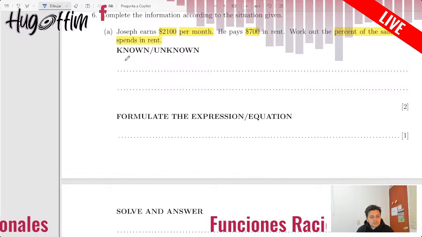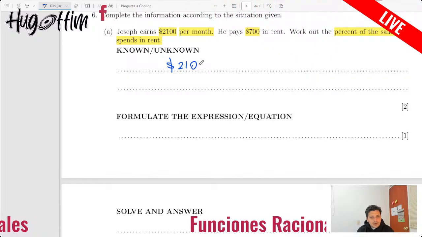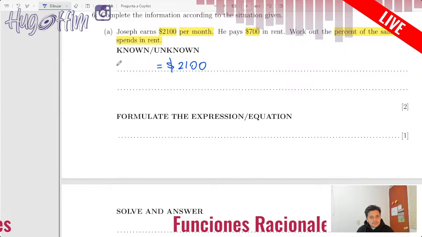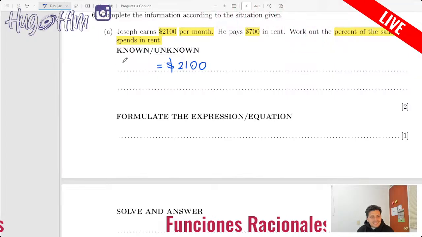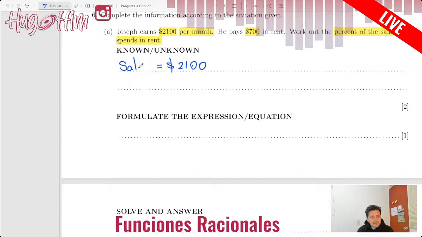So I'm going to put the known. I know $2,100. That is salary or earnings or whatever you want to put. So I'm going to put salary.